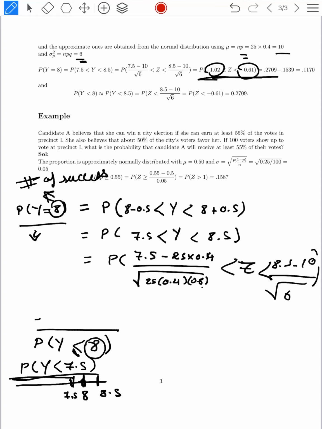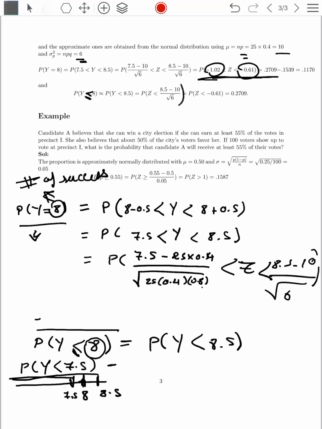So in this case, the probability is going to be y less than or equal to 8.5. Then you can use the normal table with your z-score to find y less than or equal to 8. So you have to think whether the value is included or not included, whether it is bigger or smaller.